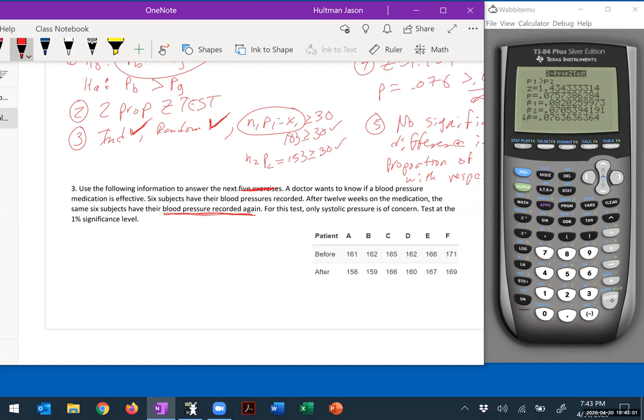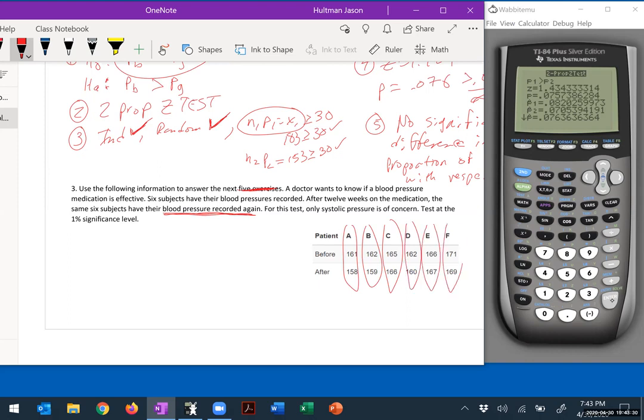Well, I want to compare apples to apples, and patient A could have abnormally high blood pressure before, and I do not want to compare that to somebody who has abnormally low blood pressure. These are pretty high blood pressures, man. Anyway, so we want to pair the data.